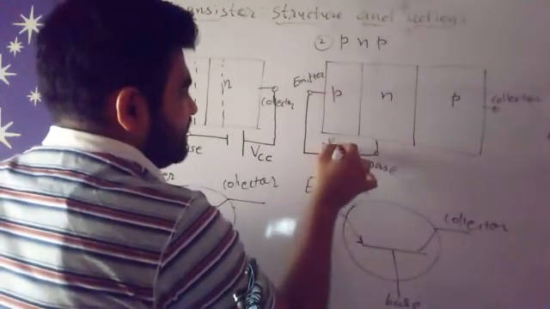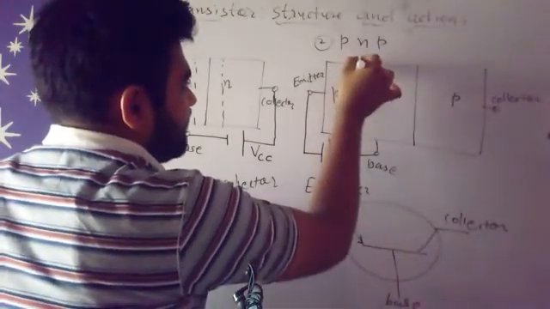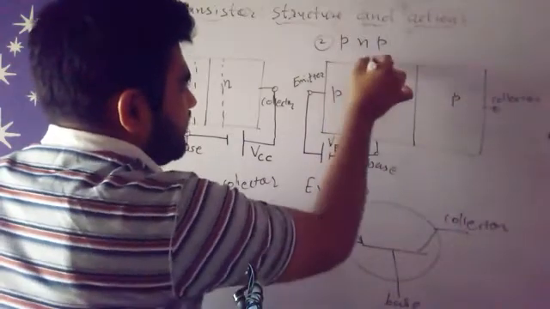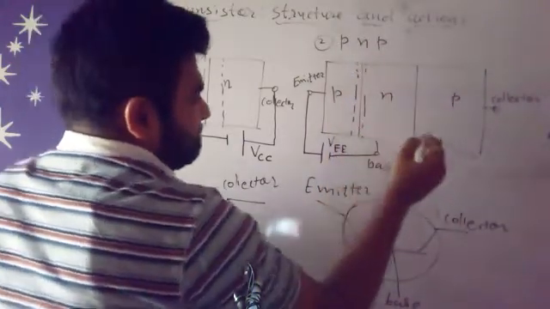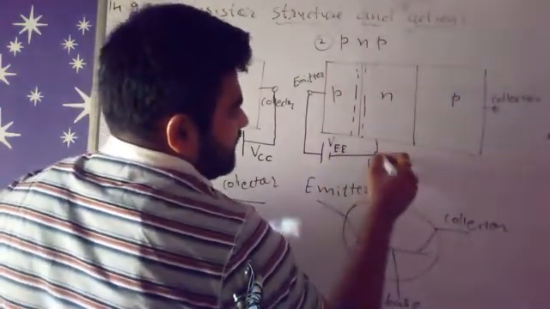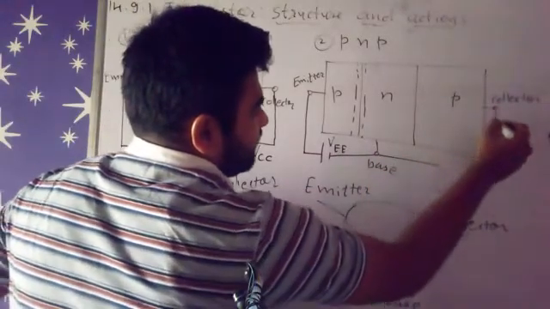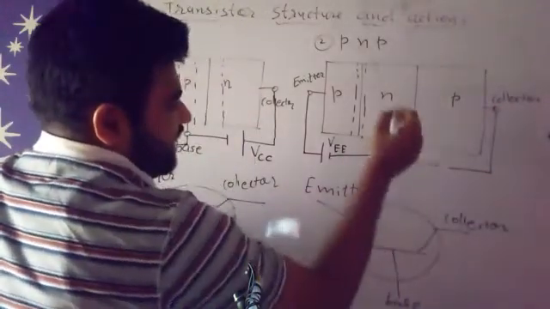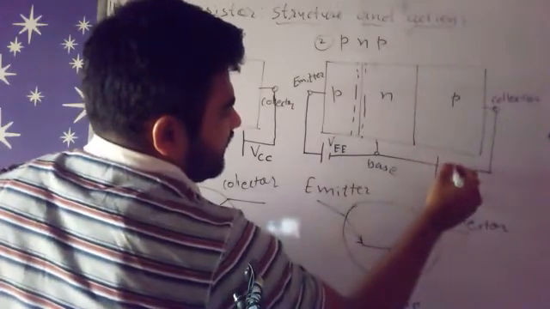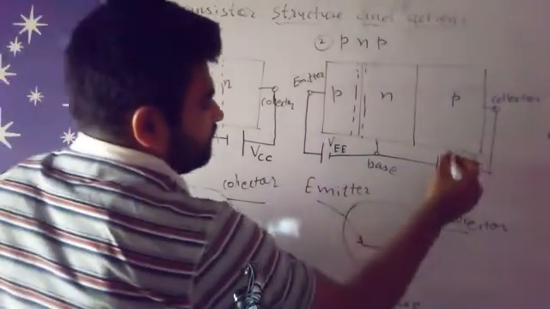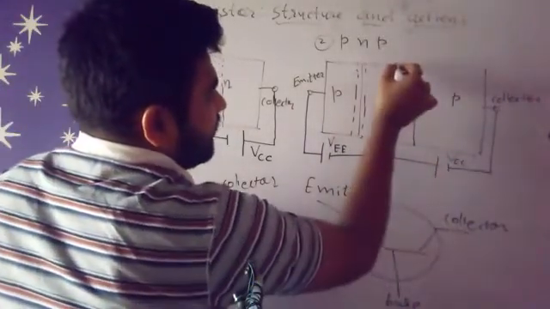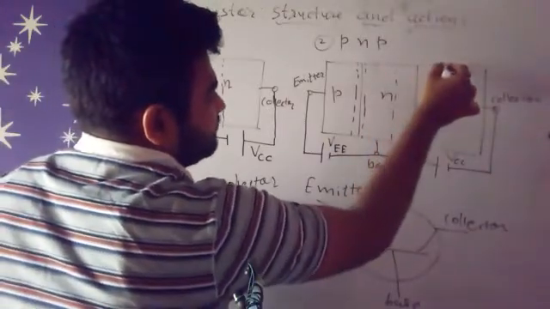It is called VEE. Again, this is forward biasing, so the width is very small. Similarly here, the base is connected with the collector in reverse bias, so N should be connected with positive and P with negative. This is called VCC. Now this is the depletion region.